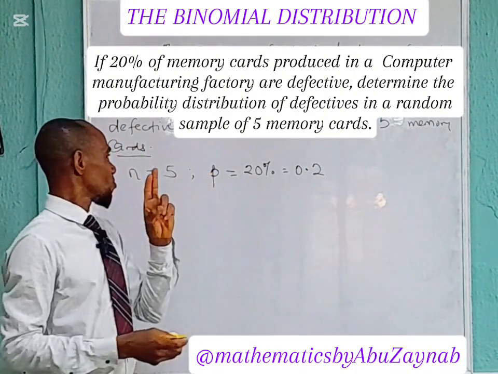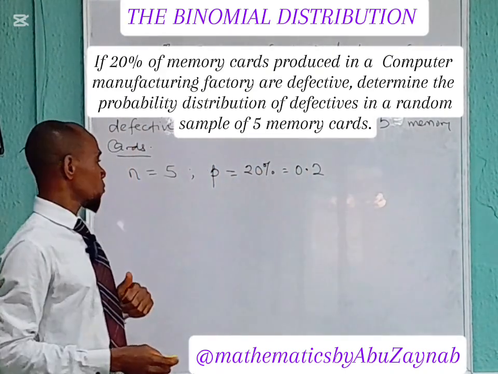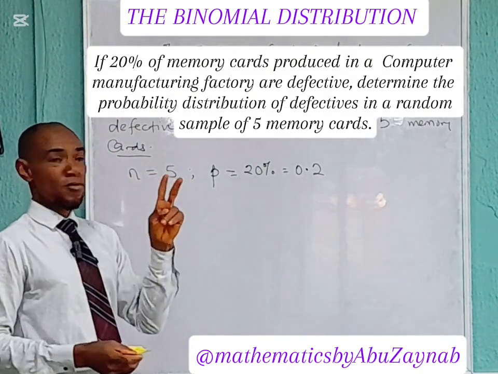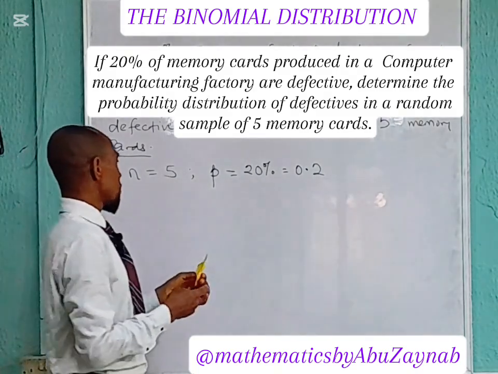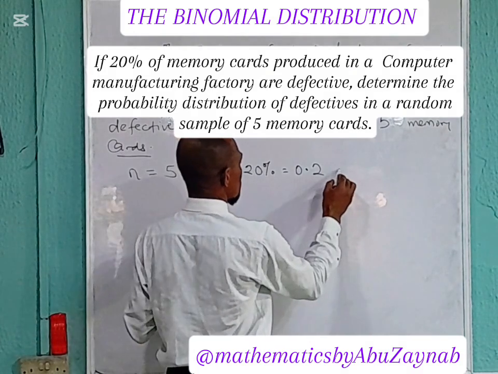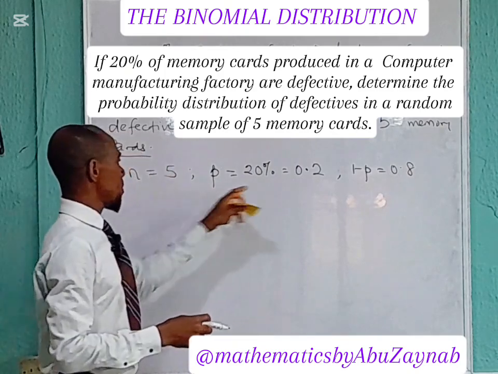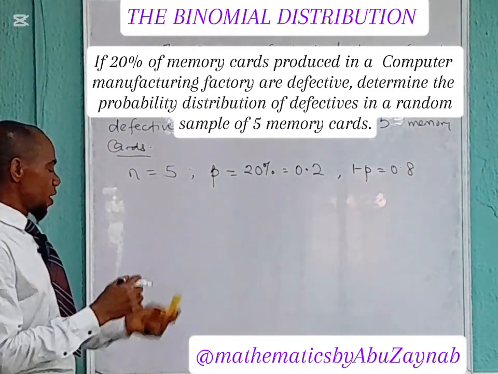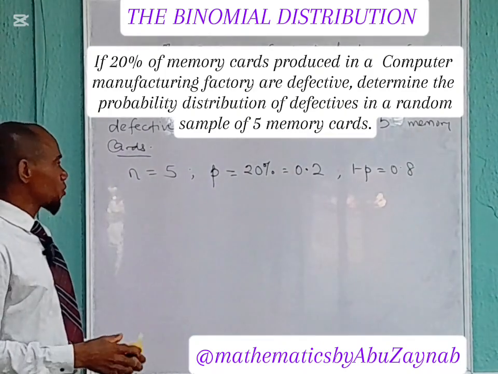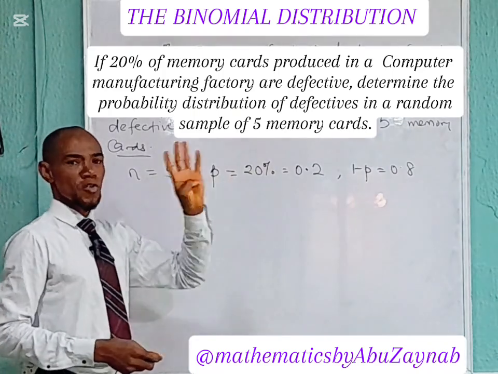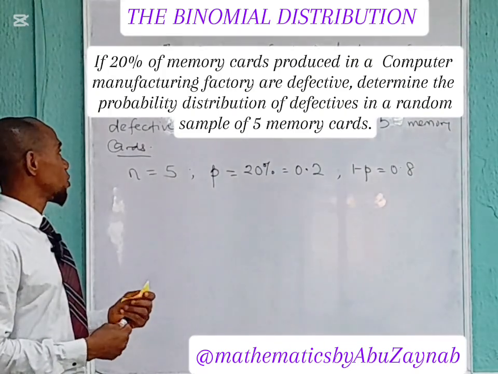These are 2 outcomes. That's condition 2. Condition 1, there are n, which is 5, fixed number of trials. 2, there are only 2 possible scenarios here: either defective or not defective. Of course, if it's defective, probability is 0.2, then 1 minus p will be 0.8, that's 1 minus 0.2. And again, each outcome is independent of the other, and the probability of success in each case is always 0.2. So if the 4 conditions are met, we can conclude that this is a classic example of binomial distribution.